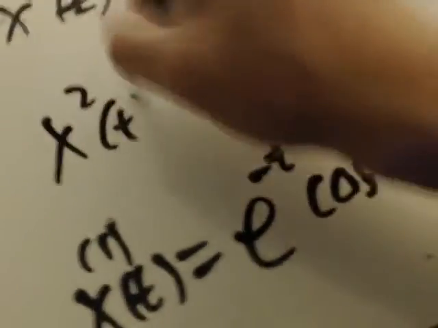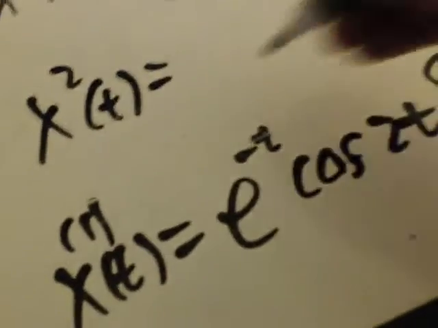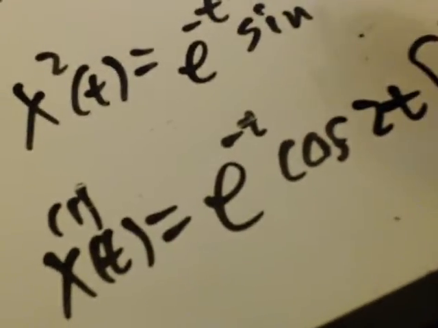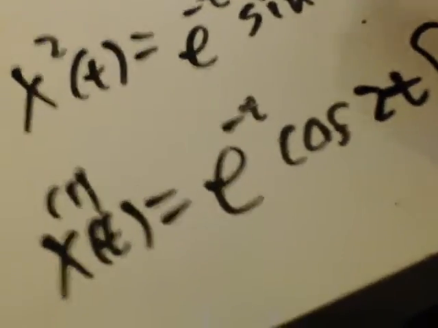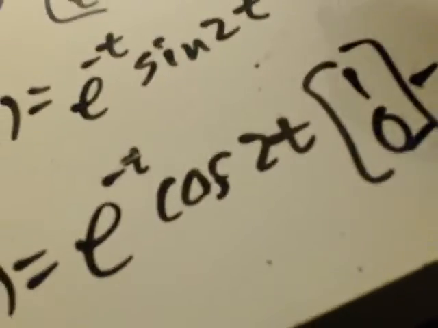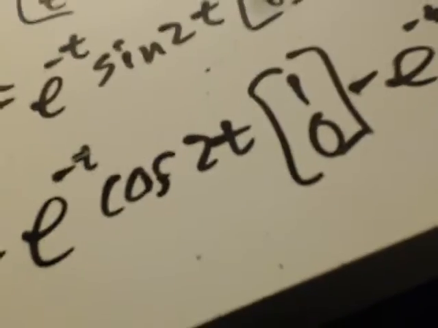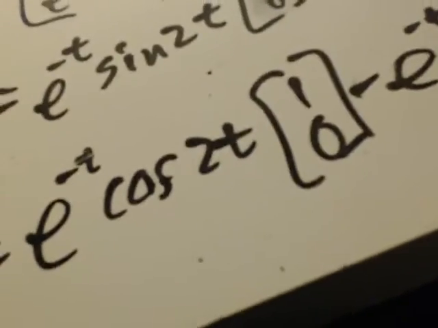x2 of t would equal, well, we know it's e to the negative t sine of beta t, so this would be 2t, plus, oh, I forgot the vector, 1, 0, plus e to the negative t cosine of 2t times this vector, 0, negative 2.